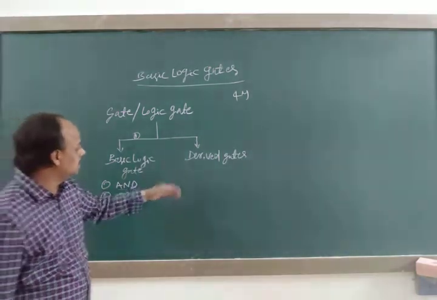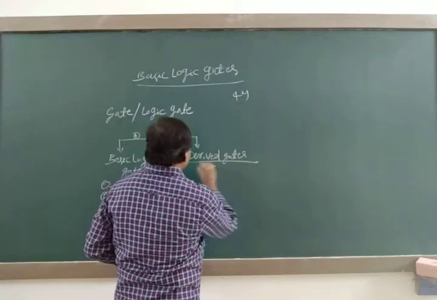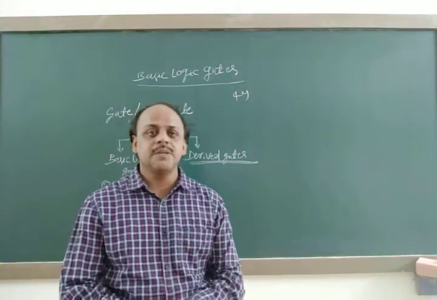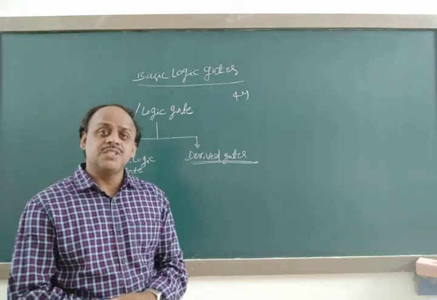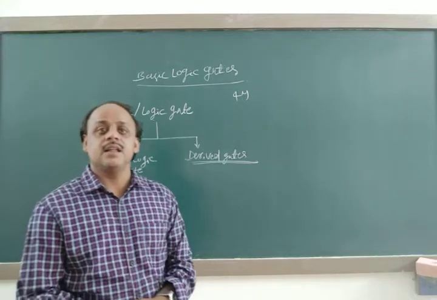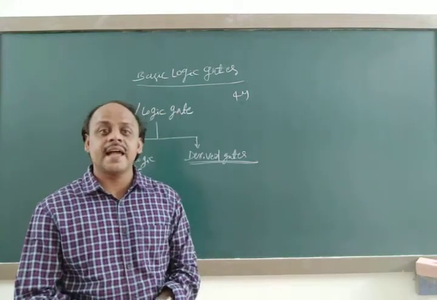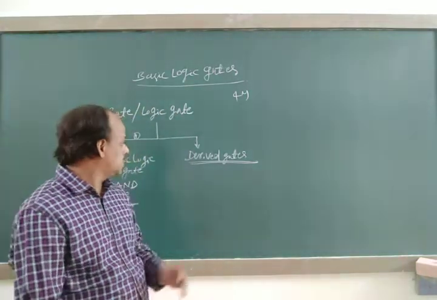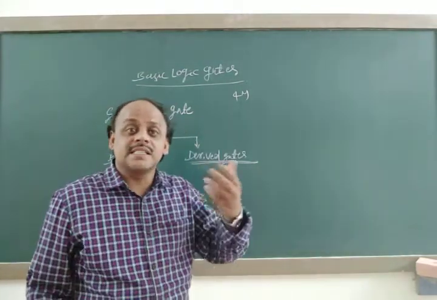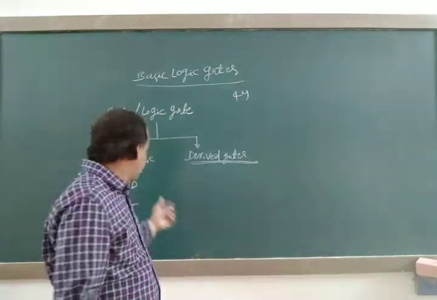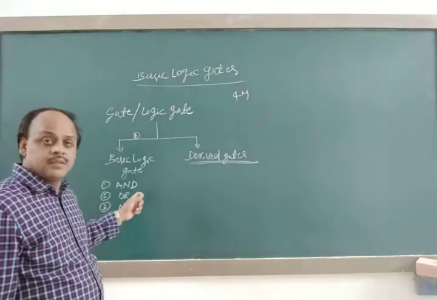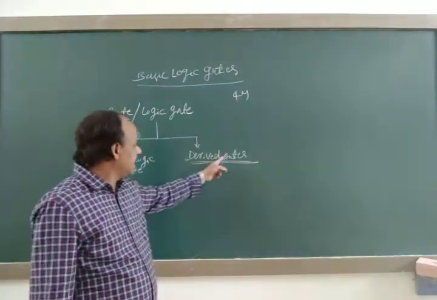And the next one is derived gates. Derived gates are gates which are derived with the help of basic logic gates. Gates which are derived means gates which are constructed with the help of basic logic gates, means AND, OR, NOT. Such gates are called derived gates.